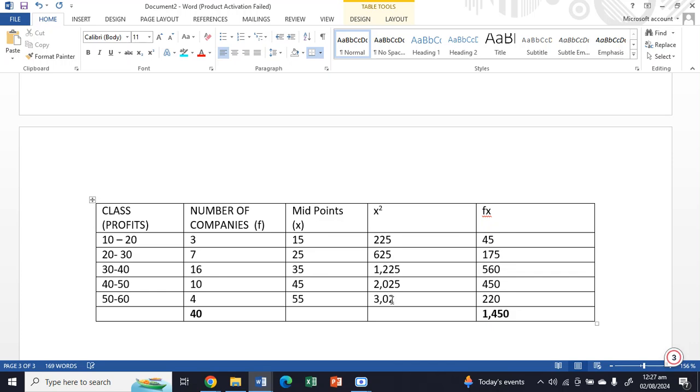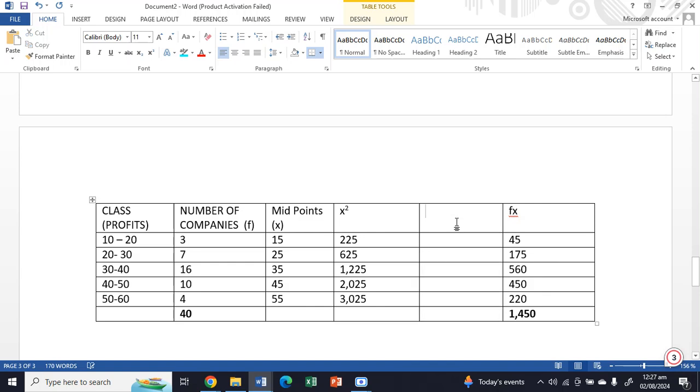So next thing we need to do is we need to multiply the frequency by the squared midpoint.